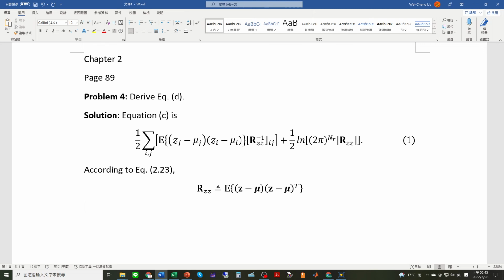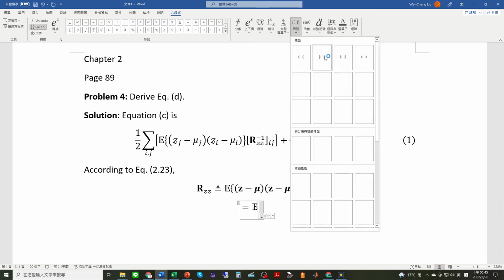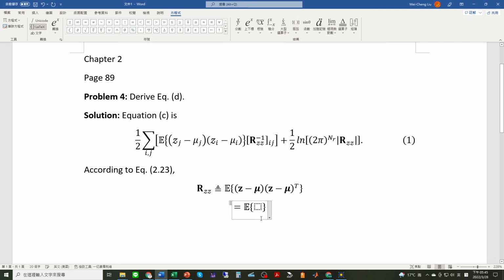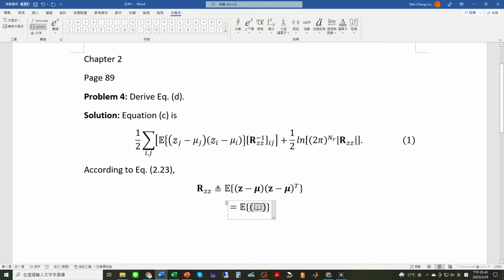So this is equal to the expectation, a big bracket, and parenthesis.